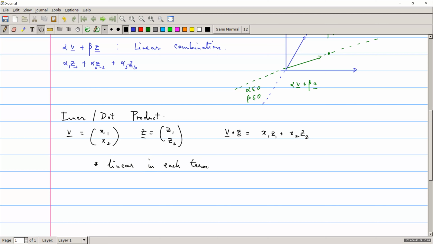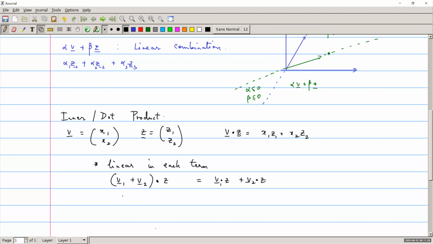What does it mean? If I take a vector v1 plus another vector v2, and I take a dot product of this with z, I get v1 dot z plus v2 dot z. It's easy to figure out from this particular form, but like I said, this need not be the only form for a product. Later on, we'll see other ways to define the products. But you want it to be linear in each term. You also want scalings.